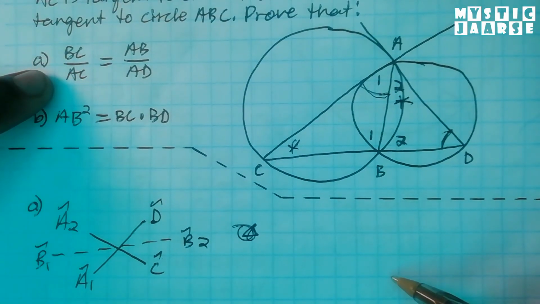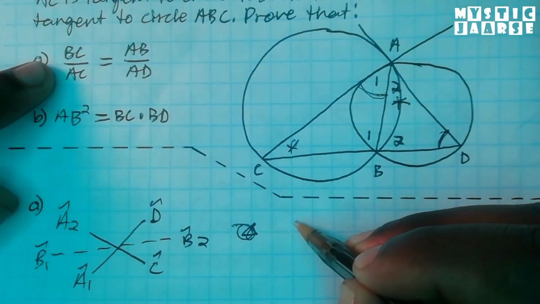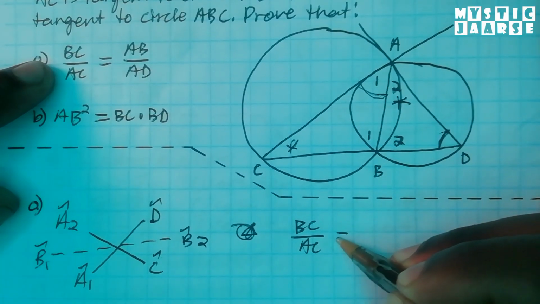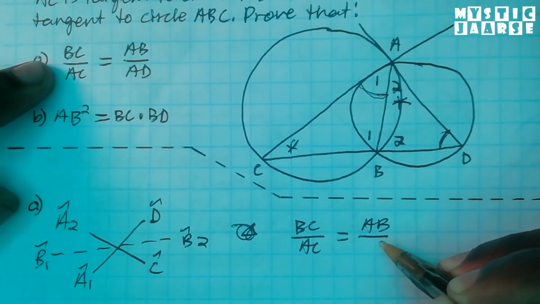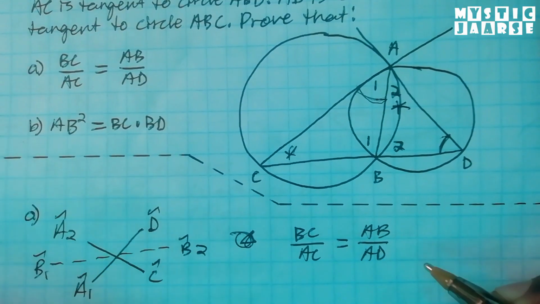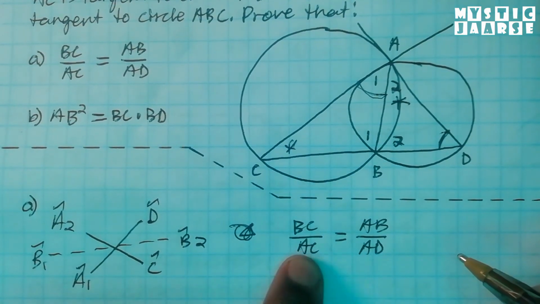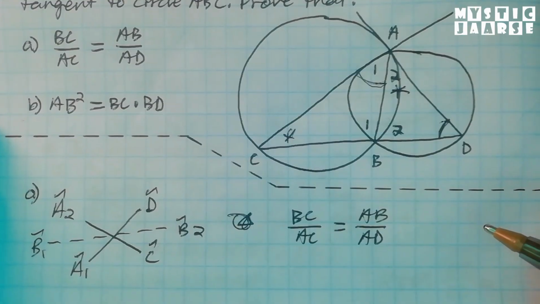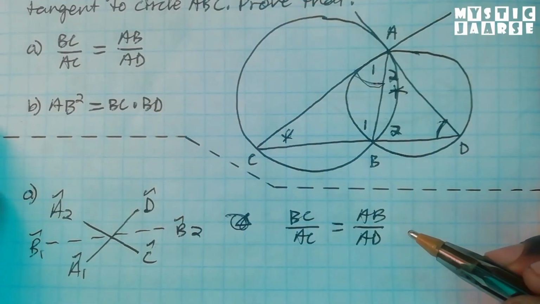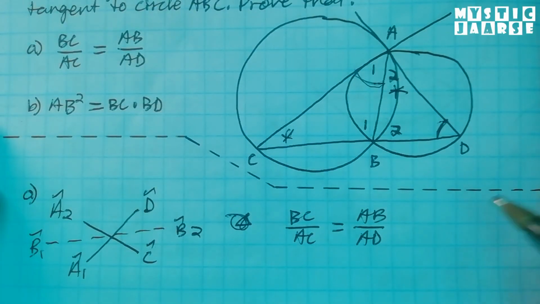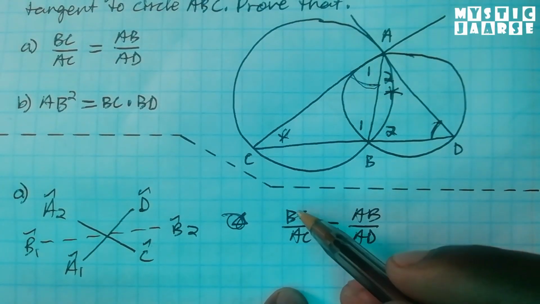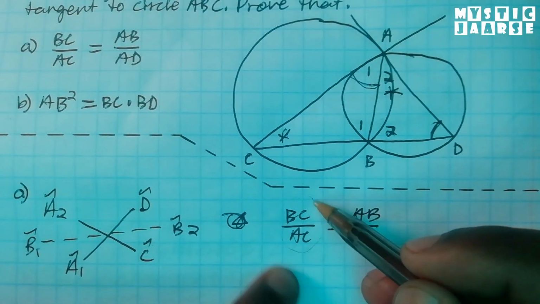When we go back to our statement, we are required to prove that BC divided by AC is proportional to AB divided by AD. Now we can get our triangles from this statement, but we won't know in which order we are supposed to sequence the sides. The first way to look at it is focusing on one fraction.